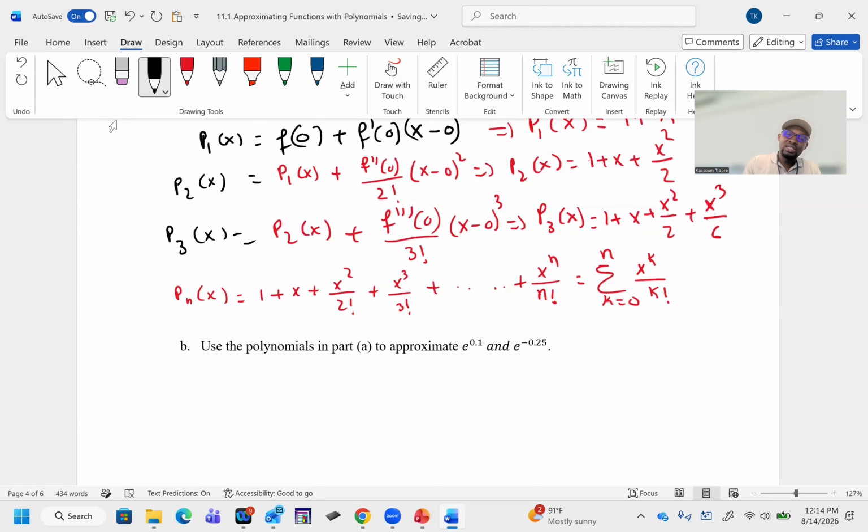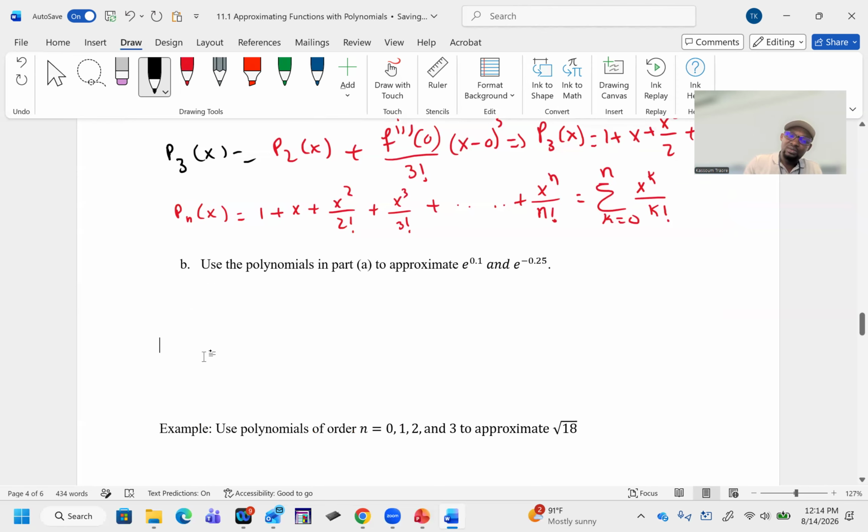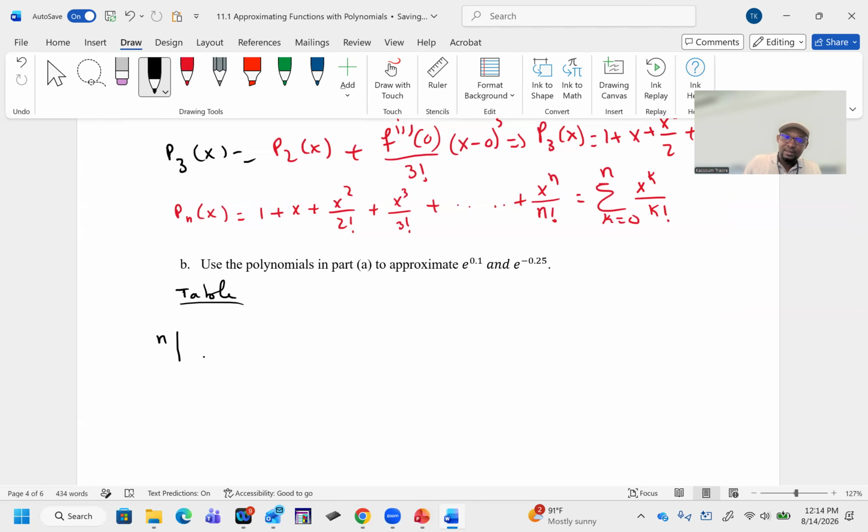So I'm going to use a table to represent this one. I have n, and I have approximation.